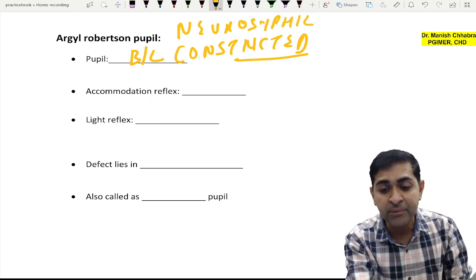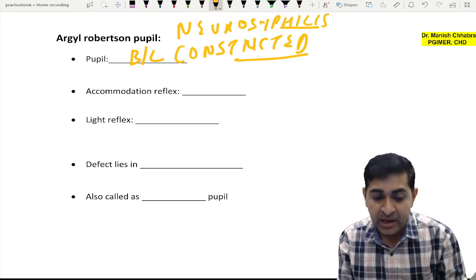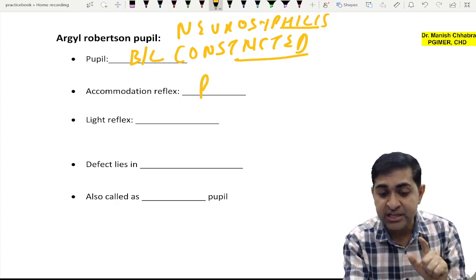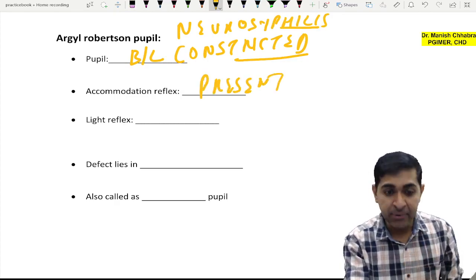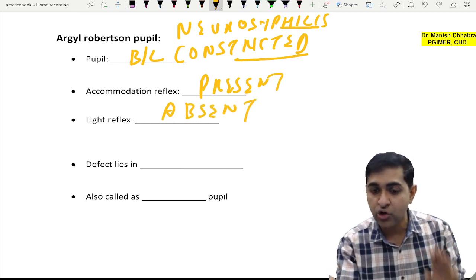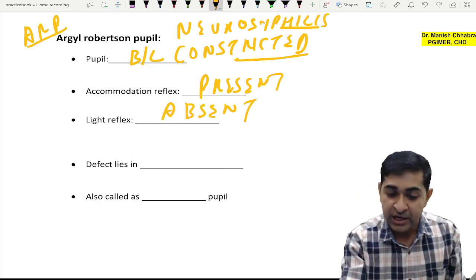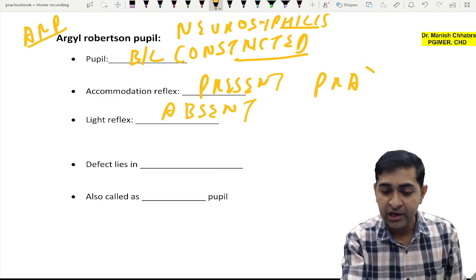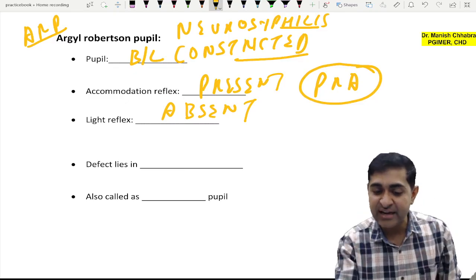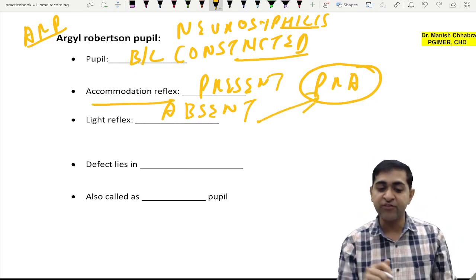It is most commonly seen in neurosyphilis, and accommodation reflex is present but light reflex is absent. So how will you remember Argyll Robertson pupil? ARP, you just invert it, it is PRA, pupillary light reflex is absent. Yes, but of course accommodation reflex is present.